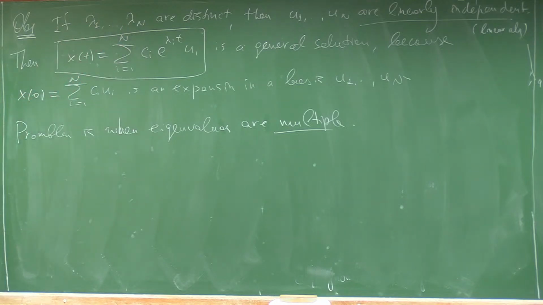Remember that you obtain eigenvalues as the roots of the polynomial. Yes, there are n of them, but some of them can be equal. So what to do in this situation? Let's first give some definitions and see some examples of what may happen.